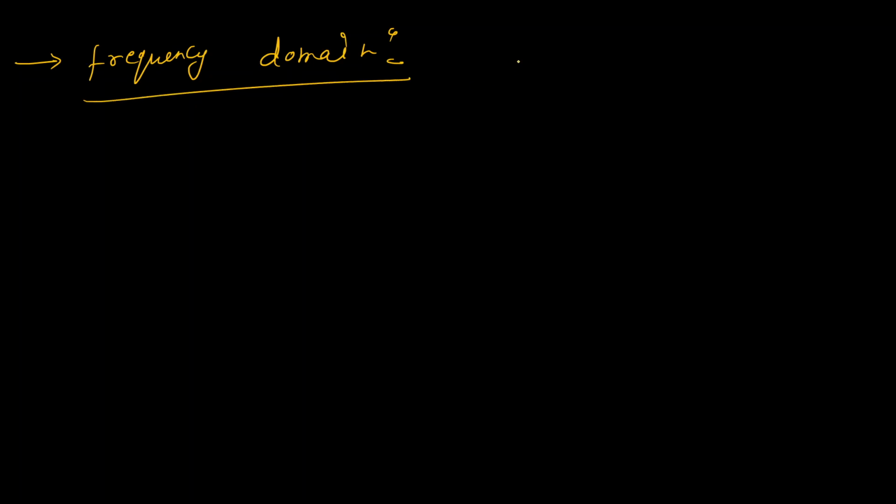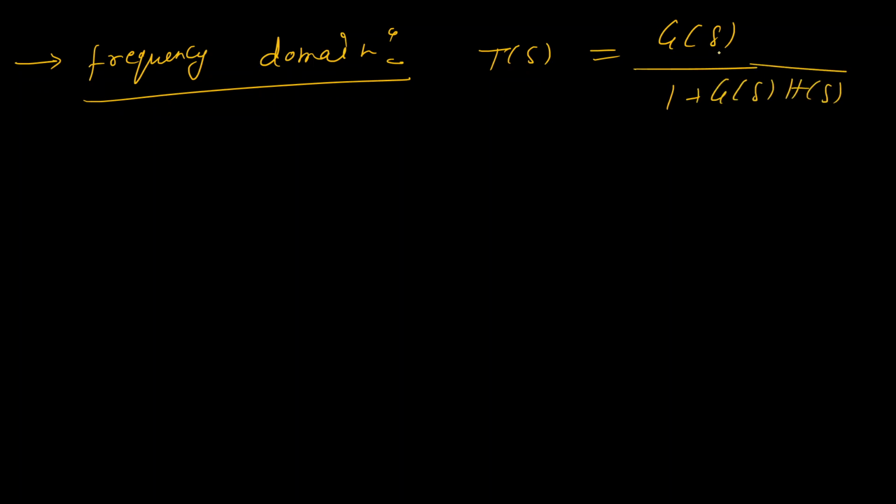And one more thing that should be kept in mind is, since we are discussing this control system in frequency domain, we write the transfer function in this fashion: GS upon 1 plus GS HS. This suffix S represents that we are discussing our chapter in frequency domain.